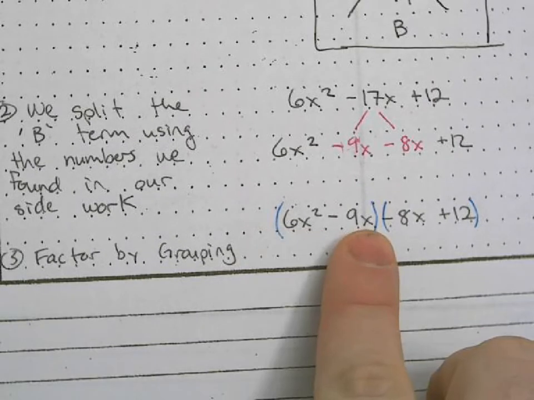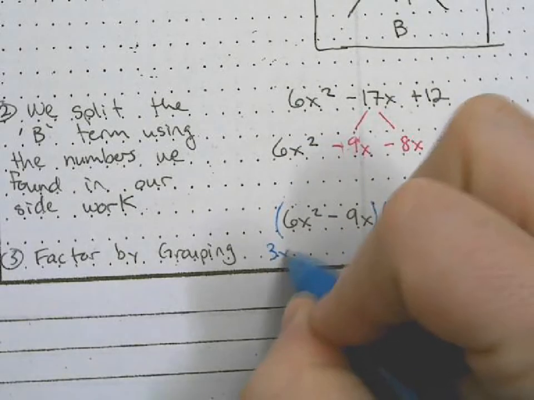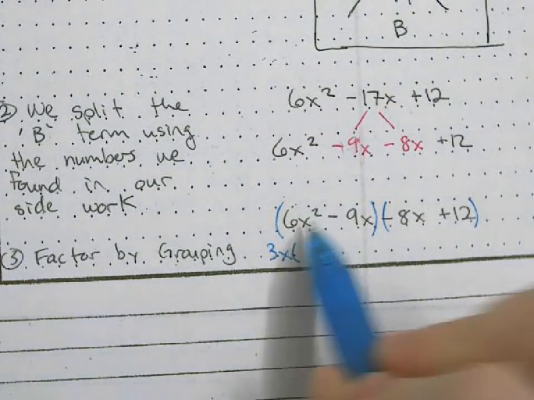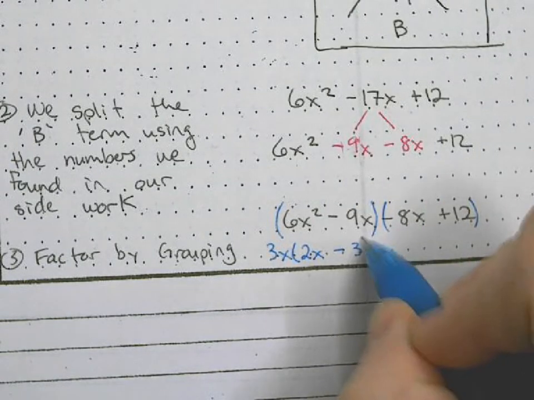What can I factor out of my first group? Well, we can factor out a 3, and we can factor out an x. So I factor out 3x, and I'm left with 2x minus 3.